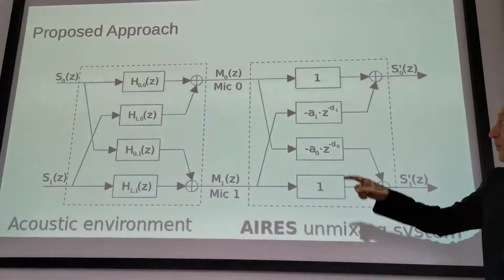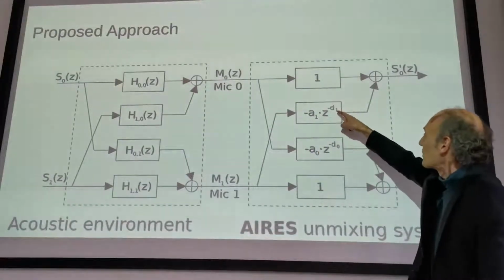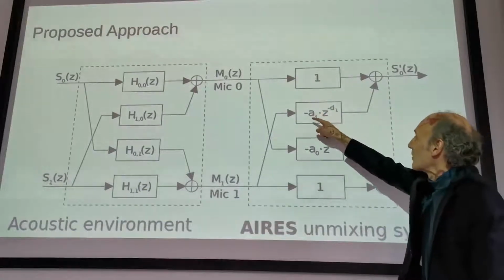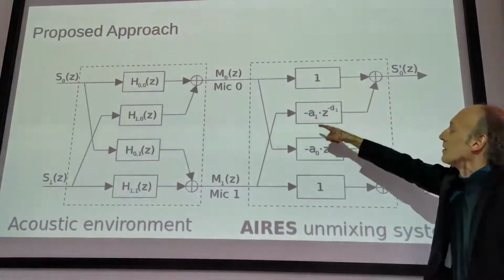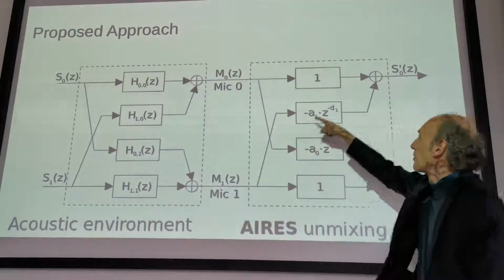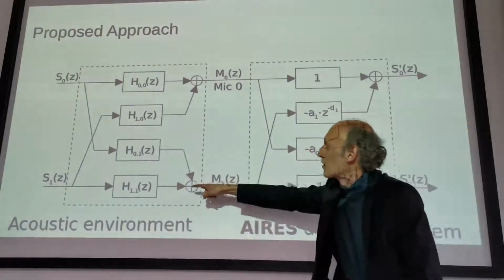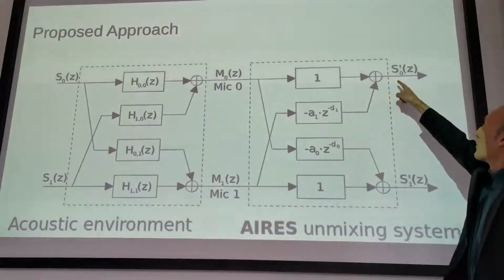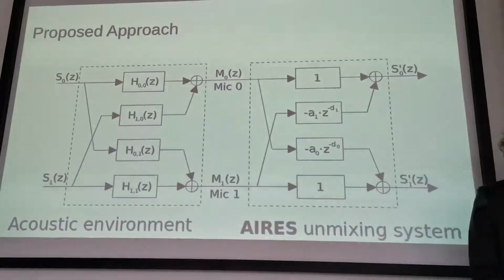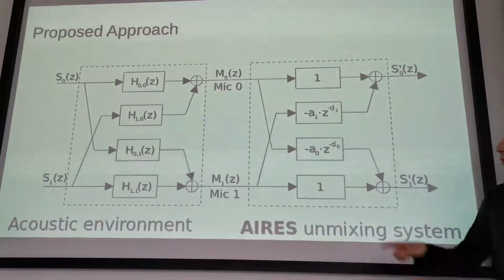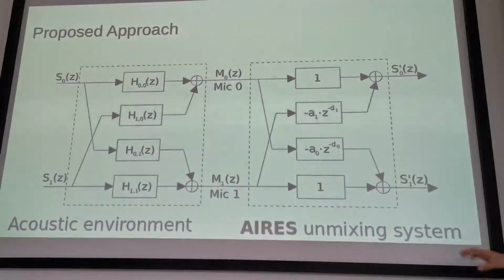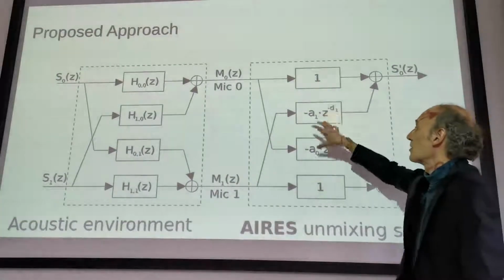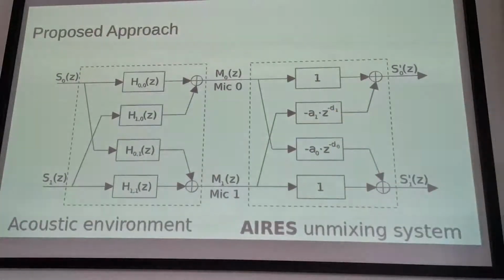Right. So if we have a precise estimation for this delay and this attenuation, then we have a negative sign here, and that means we cancel the influence from the other source. So the influence from source 1 on reconstructed source 0 will be cancelled. Same here, in this diagonal branch. So in the matrix, these would be the off-diagonal elements.